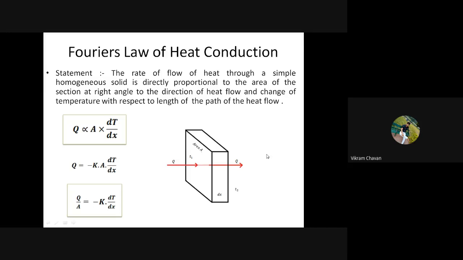So first of all, we have to consider one slab, or you can consider a wall, whose surface area, this surface area, we are considering as capital A. Surface area means height times length; the multiplication of height and length will be the area.